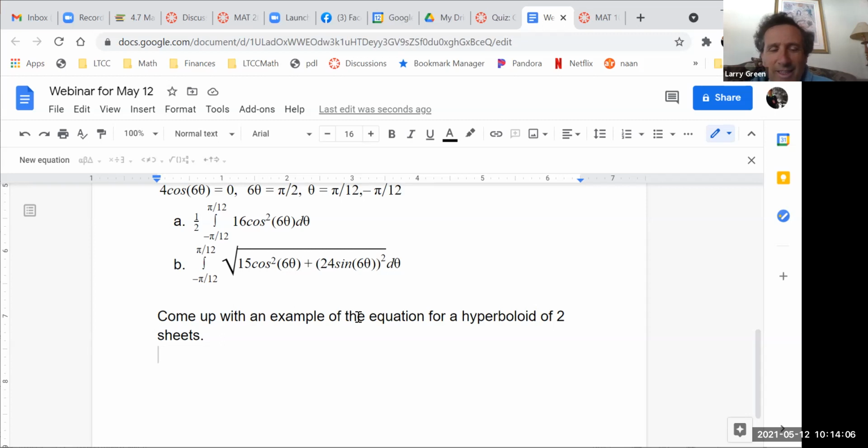And the funny thing is, the easiest one is the one you don't know. You don't learn until fifth quarter, winter next year. So give me an example of a hyperboloid of two sheets. Yeah, that'll work. Oh, look at that. You came up with the same example.